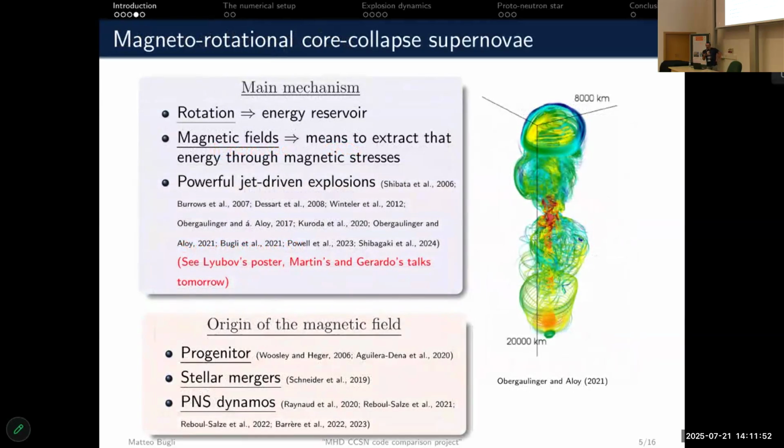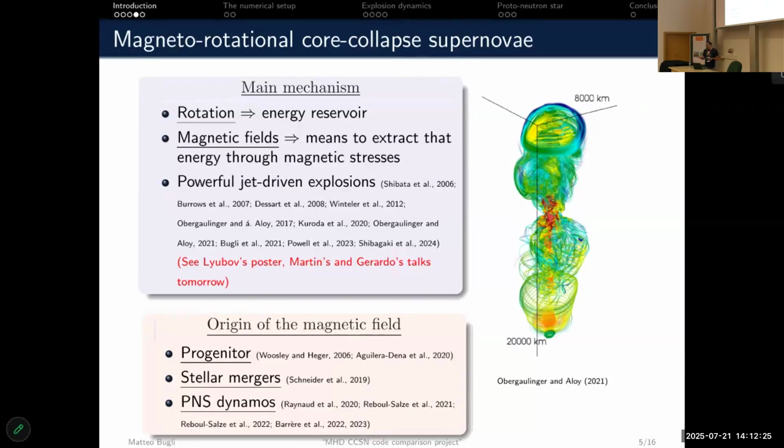This is at the core of the magnetorotational mechanism: rotation provides an energy reservoir in the core that would not be there otherwise in a non-rotating progenitor, and magnetic fields need to be there at the same time to provide a way to tap into the energy, because otherwise it would just be retained by the core. It could possibly produce a centrifugally aided neutrino explosion, but without large-scale magnetic fields the bulk of the energy is just not going to help the explosion mechanism itself.